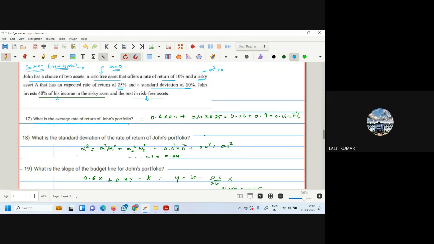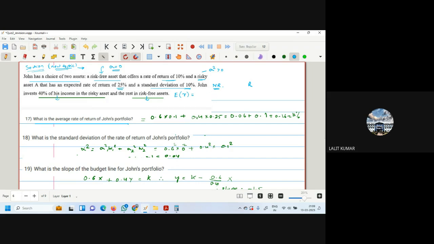So this is covered. Your expected return when there is a risky and a non-risky asset. Expected return from non-risky, you will always get the same amount, so we never use expected with the risk-free return, because it will give the same rate.